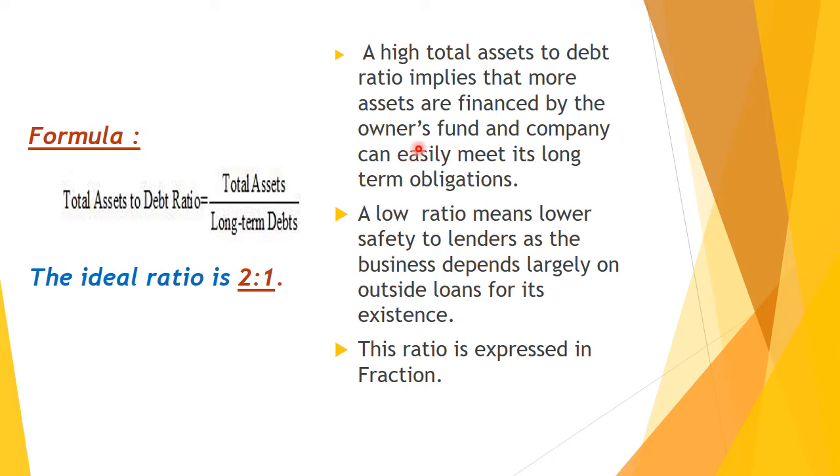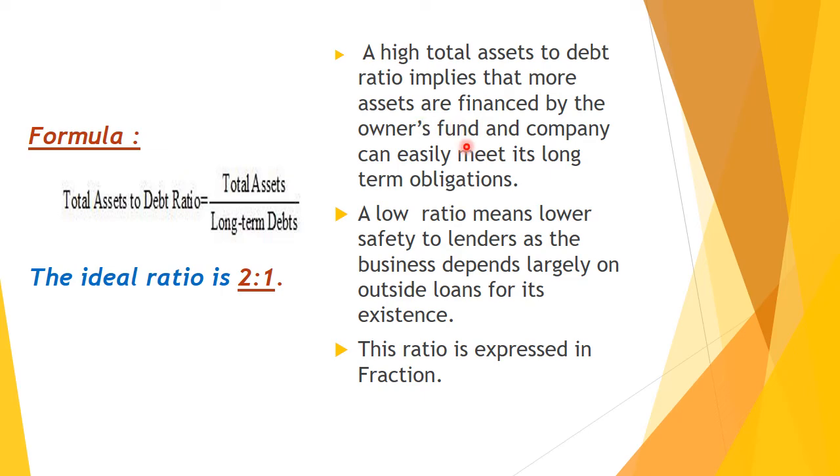So when those assets are purchased with this money, a lender can be rest assured that in the long term, the obligations will be met because the company has enough total assets. That is what is meant by a higher total assets to debt ratio.